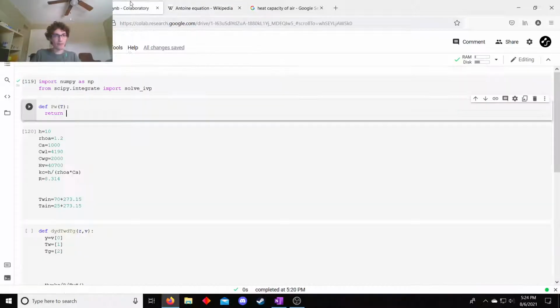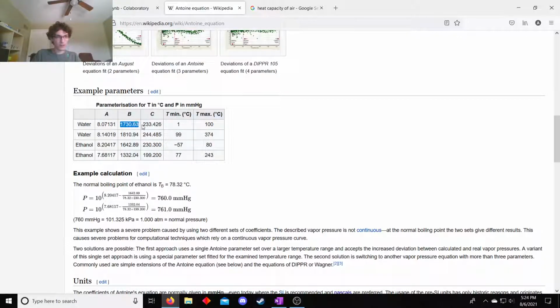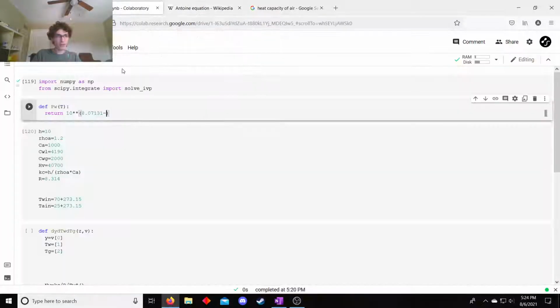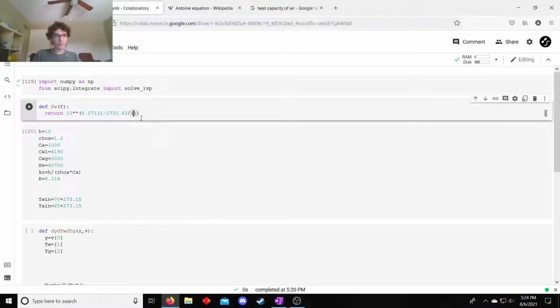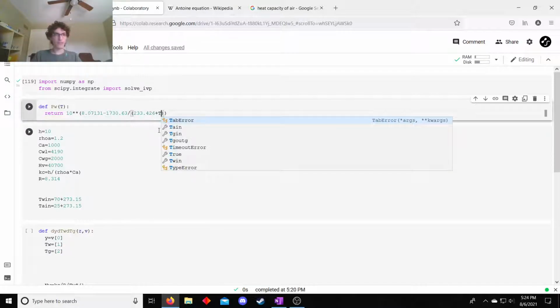So we have 10 to the power of A minus B divided by C plus temperature.